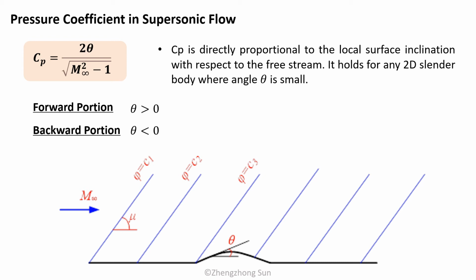If the surface deviates from the flow, it's a negative deflection, so theta is negative. Considering this hump or little bump, if it's symmetrical, the forward portion deflects the surface into the flow, so we have positive theta. If we look at the rear portion, the surface deviates from the flow, so theta is negative.